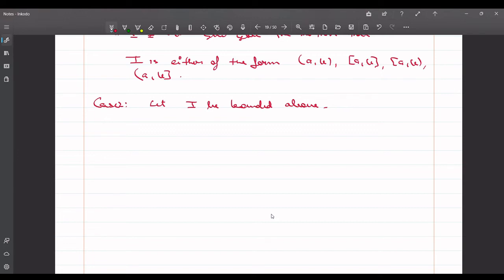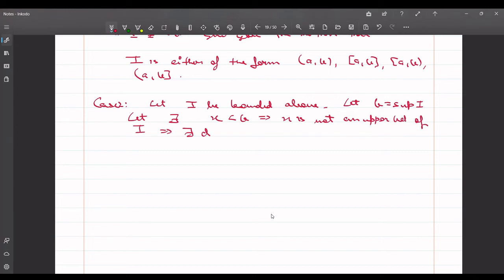If it is bounded above, let B be the supremum of I. Now let there exist some x which is less than B, which implies x is not an upper bound of I, which implies there exists some d belonging to I such that x is less than d.